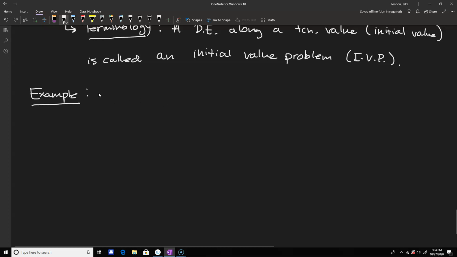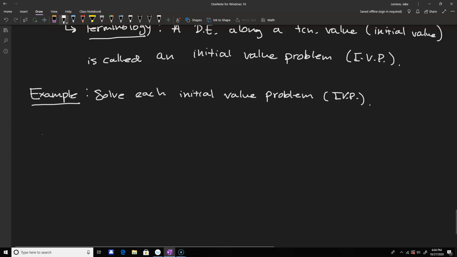So example here, solve each initial value problem, which we're abbreviating IVP.